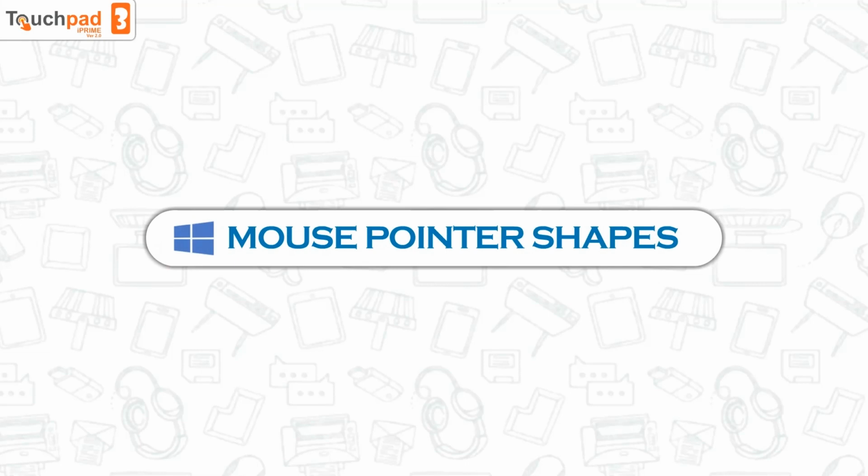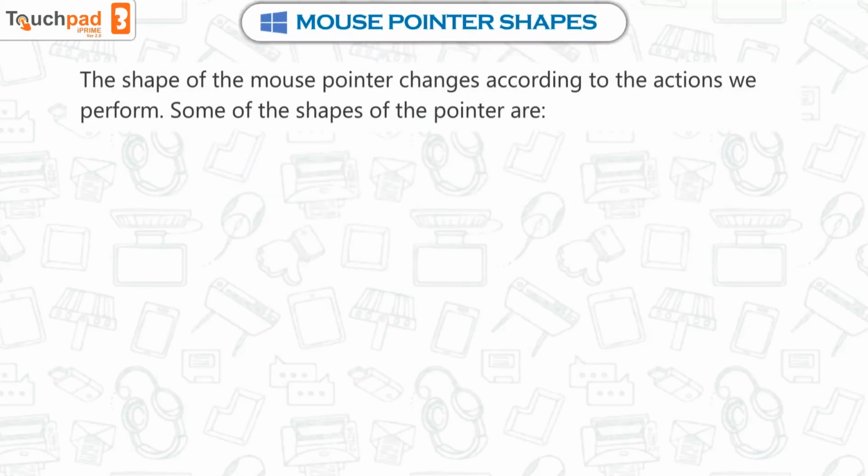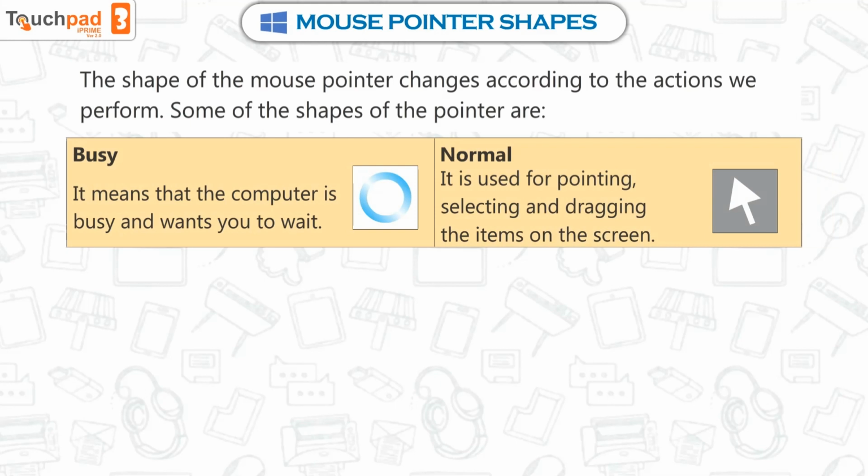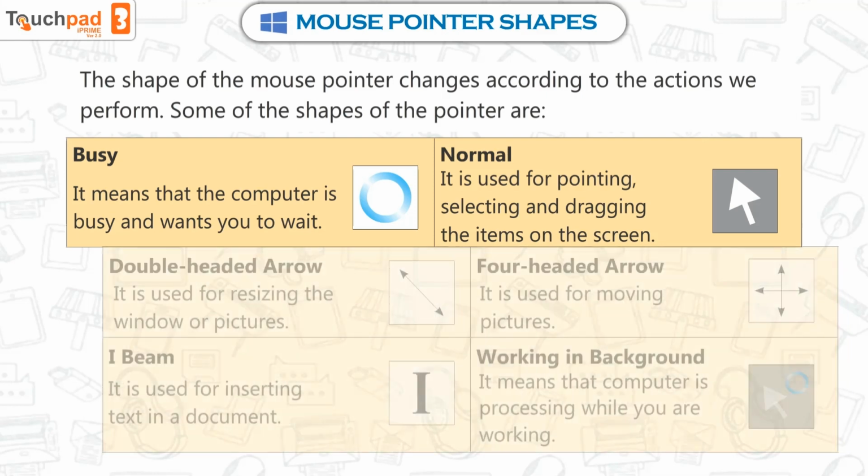Mouse pointer shapes. The shape of the mouse pointer changes according to the actions we perform. Some of the shapes of the pointer are: Busy. It means that the computer is busy and wants you to wait. Normal. It is used for pointing, selecting, and dragging the items on the screen.